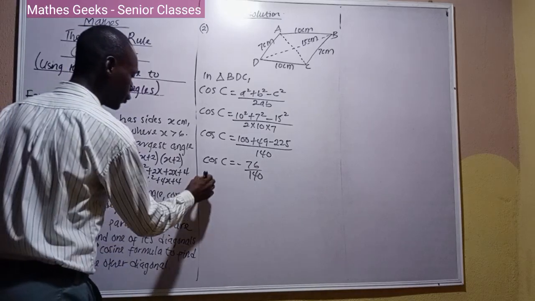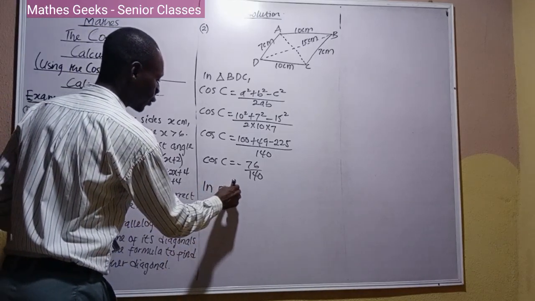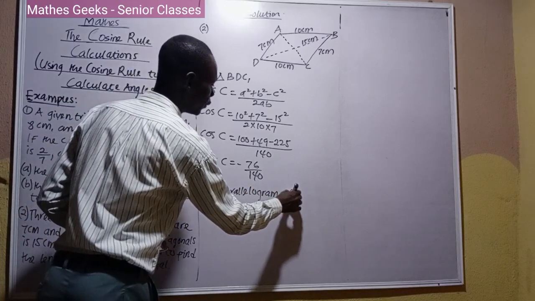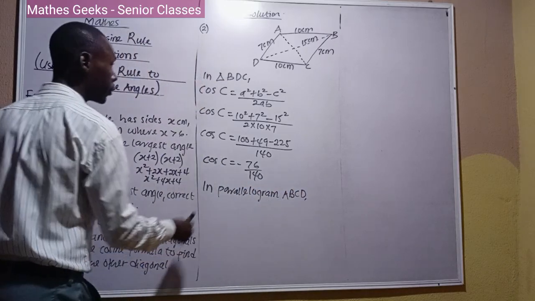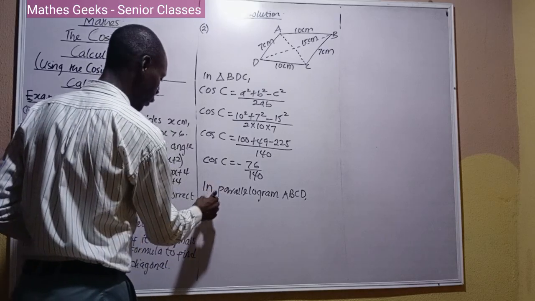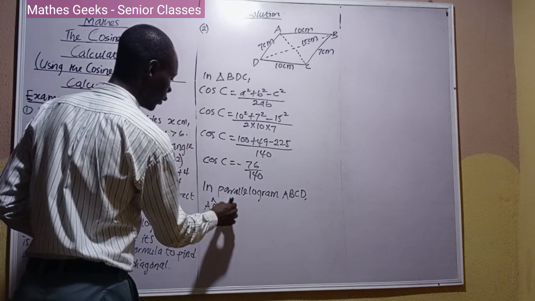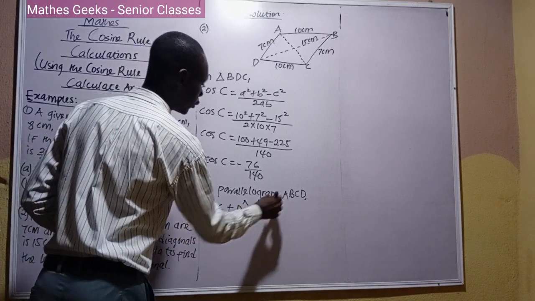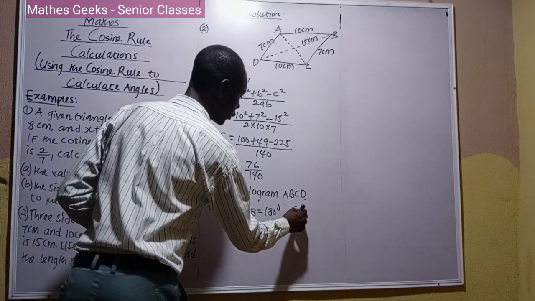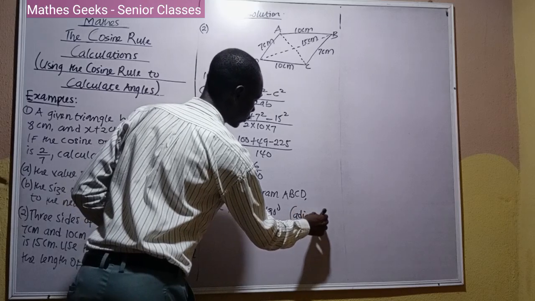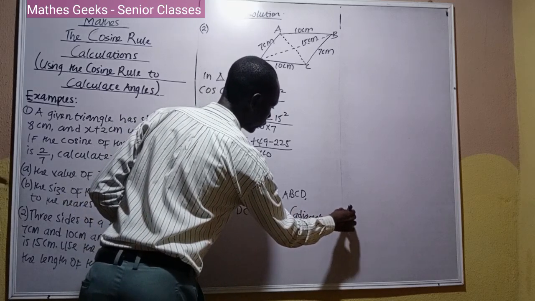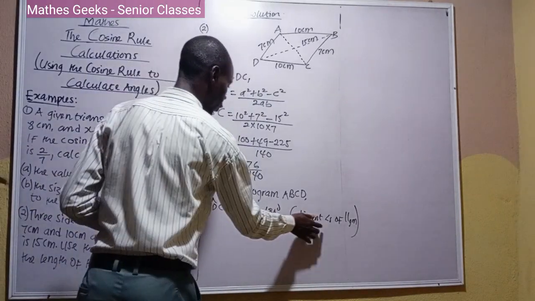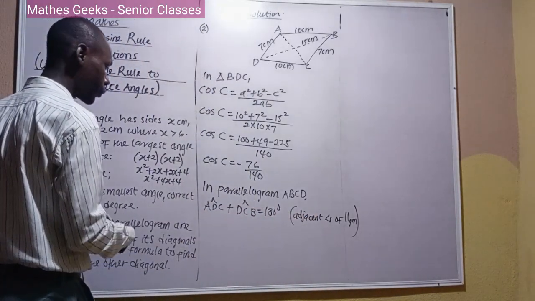So let's continue. In parallelogram EBCD, angle ADC plus angle DCB is equal to 180 degrees, and the reason is adjacent angles of a parallelogram add up to 180 degrees. This is a property of a parallelogram.